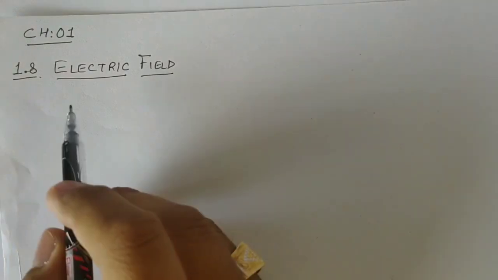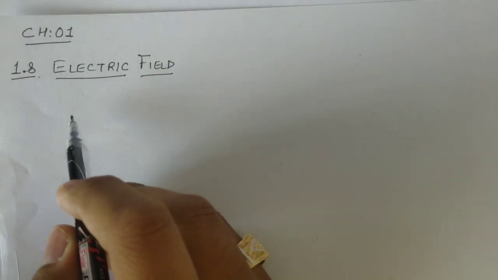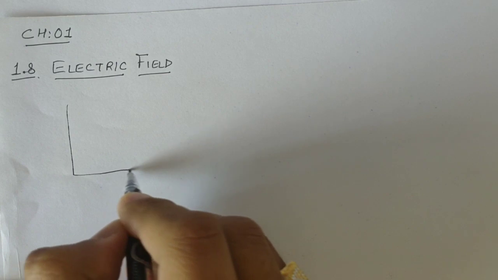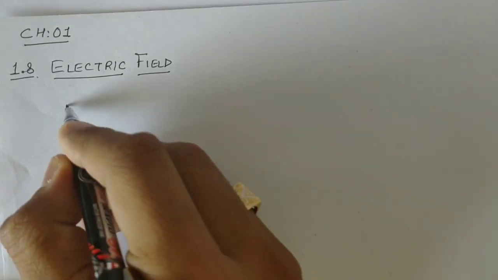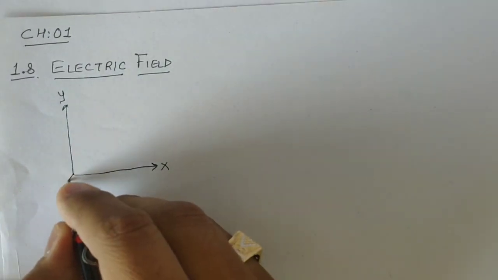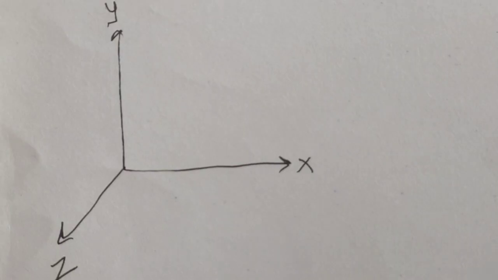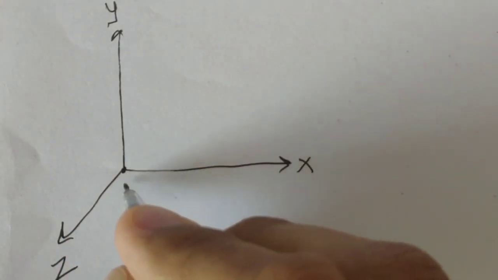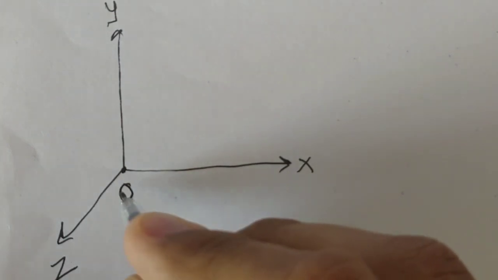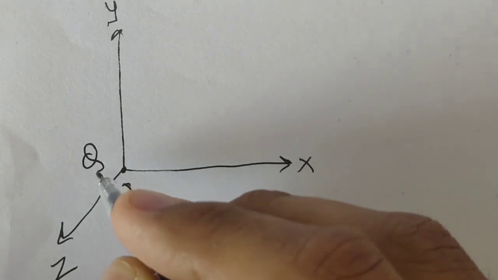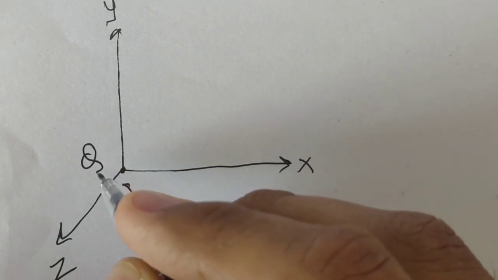Let's start. Take a Cartesian coordinate system x, y and z. At origin O, place a charge Q on it.